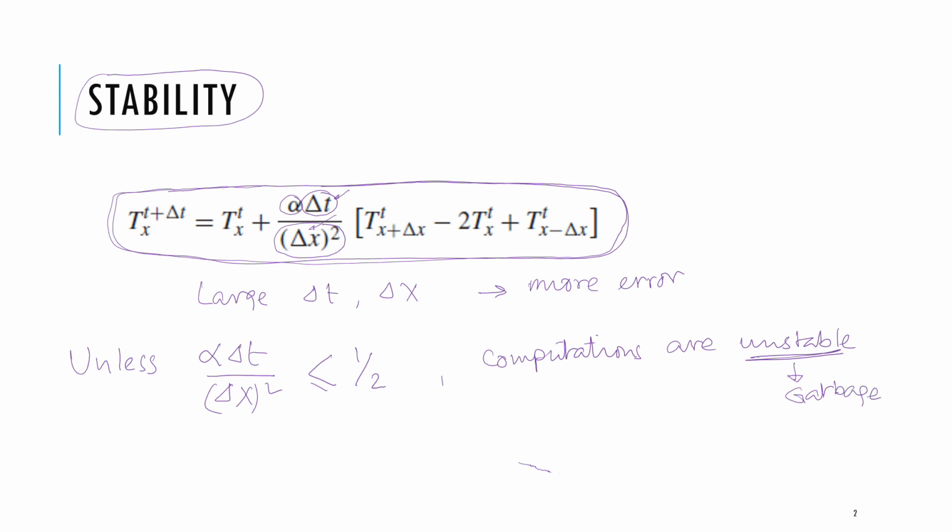Now I want you to see a little bit of contrast with calculators versus this kind of numerical approach to this differential equation. So in a calculator, we get garbage only if we type in something wrong. Here, we can type in what seems like very legitimate quantities, alpha value, delta t, delta x square.